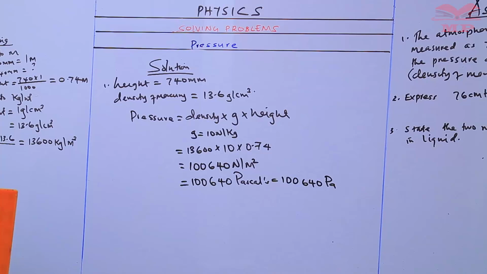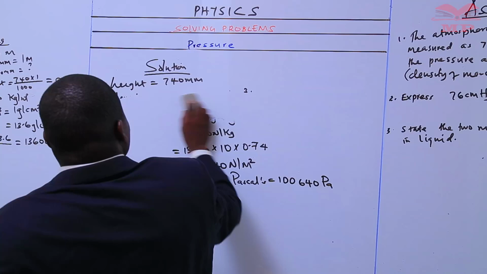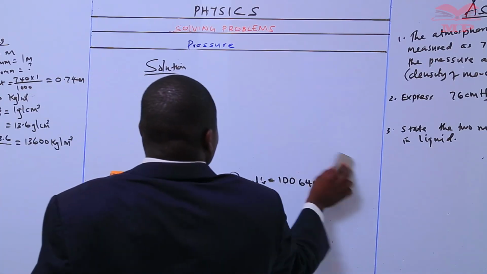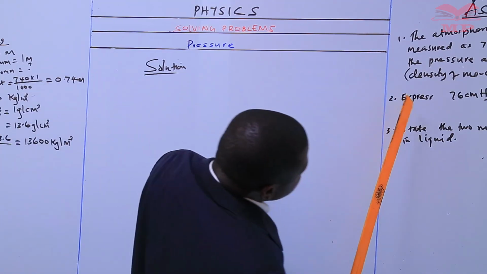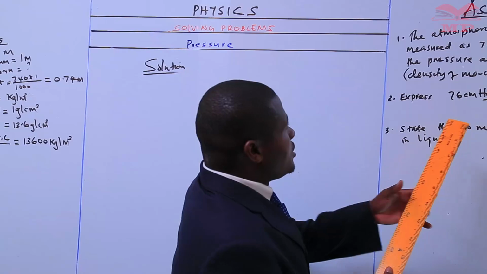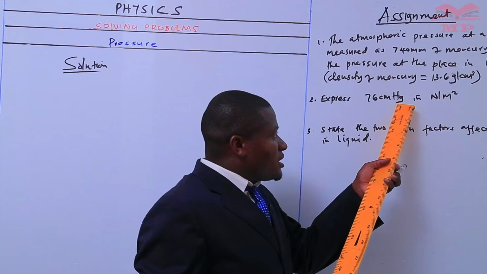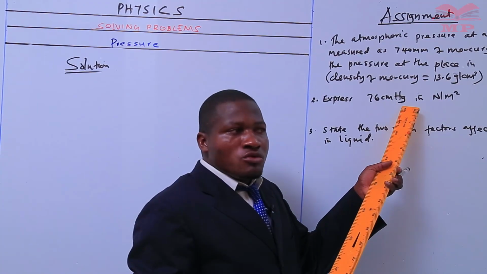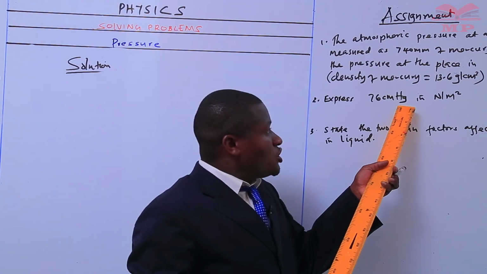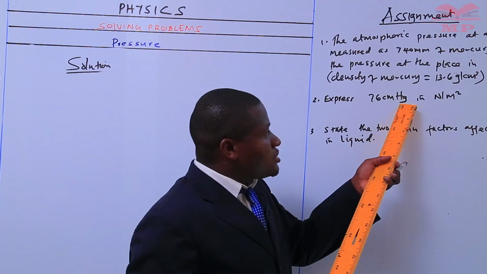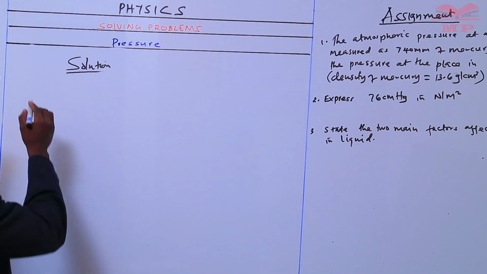This is question 1. Then for question 2, we have 76 centimeters Hg. This Hg represents mercury. Mercury is an element, so it is always represented by this chemical symbol Hg.